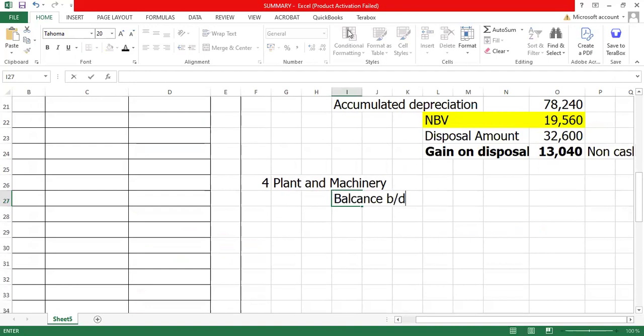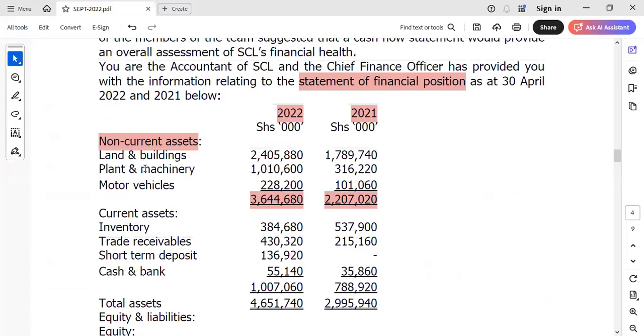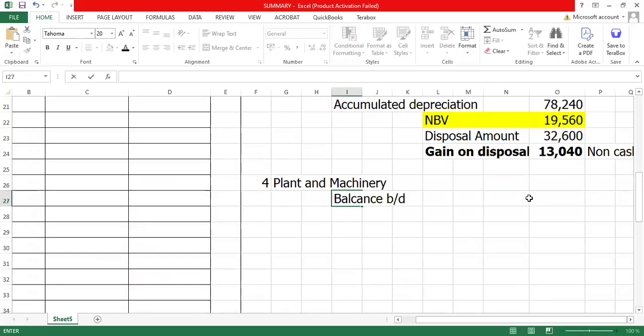The company started with plant and machinery of this amount. That's what they started with. Okay, then you do what? Balance brought down, then you do what?